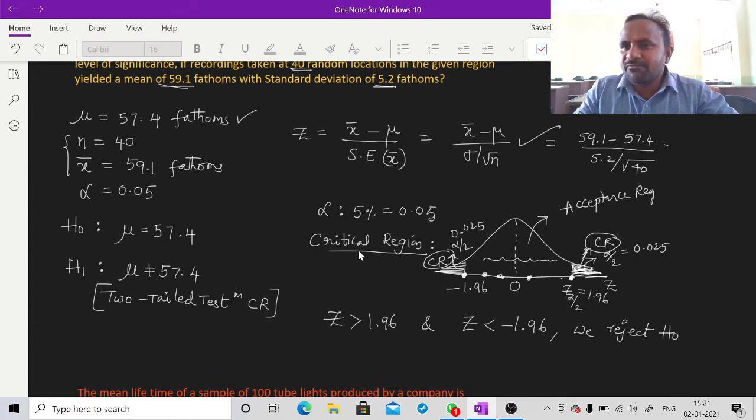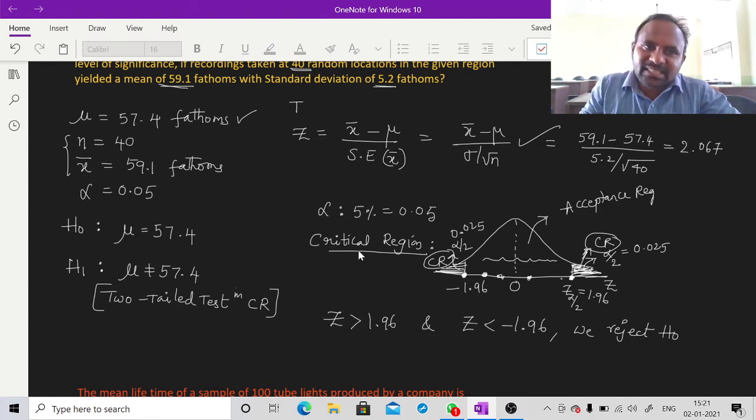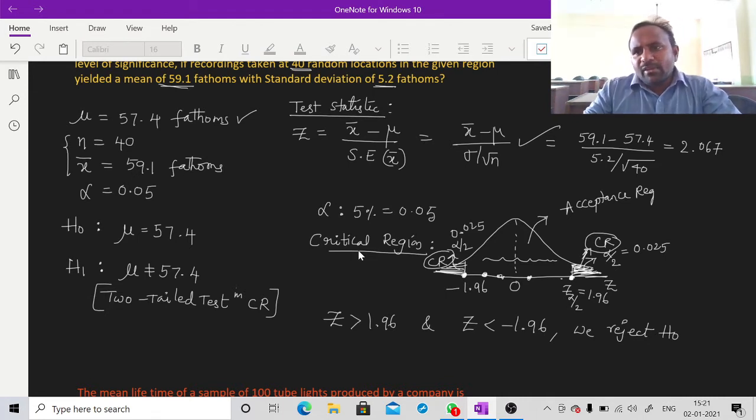If you simplify this, the value is 2.067. So this is the test statistic. That is the next step you have to write, test statistic of single mean.